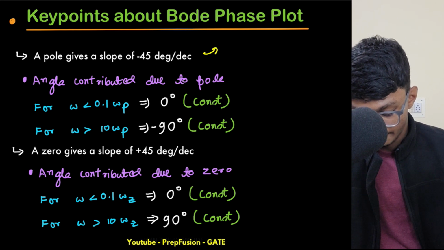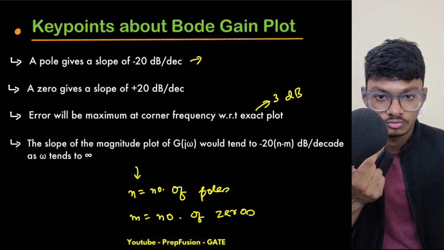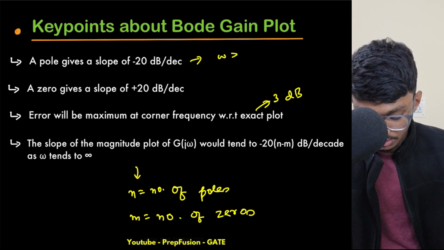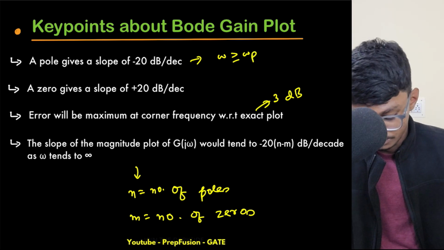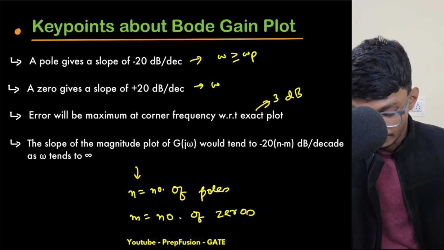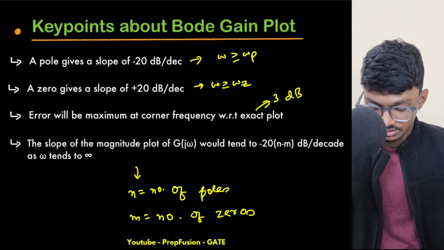This is not always. A pole gives a slope of minus 45 degree per decade only in a certain range, when omega is around the corner frequency, the frequency at which the pole is present. Here this is omega z and this is omega p.